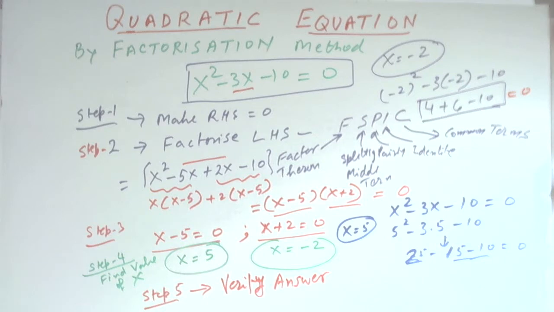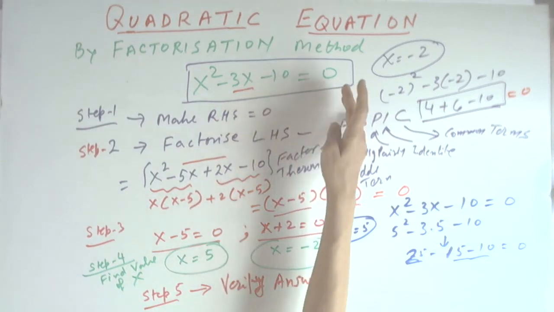So basically what we have learned in this video is the method of solving quadratic equation by applying the factorization method, and the steps are as follows. Step number 1 is, first make the right hand side equal to 0.